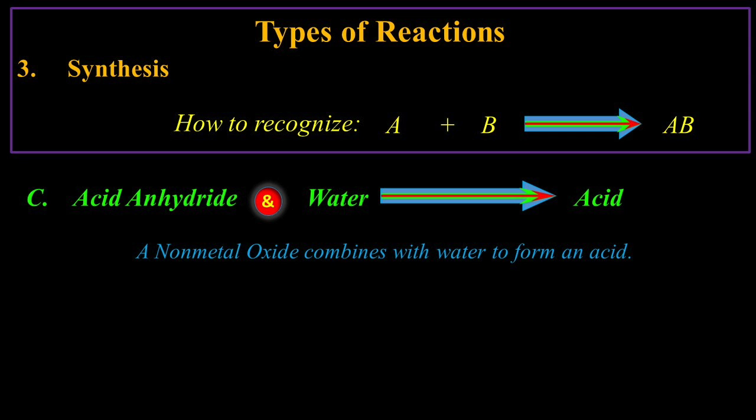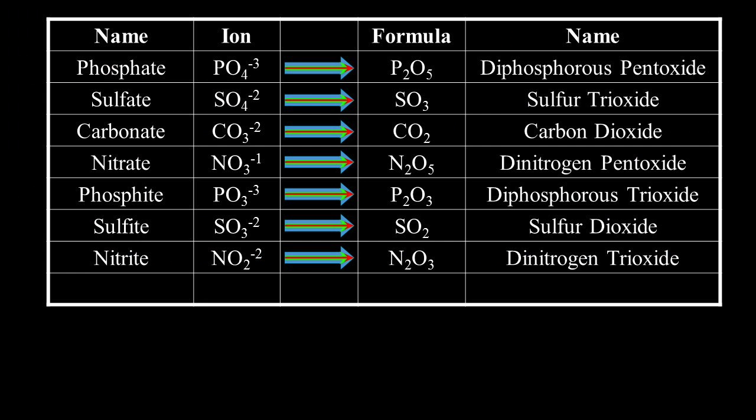Now, what acid is formed? Well, carbon dioxide becomes carbonate, or sulfur dioxide becomes sulfite, and here are the combinations. You also have the reverse of this. For instance, when we see decomposition, we'll see that sulfate breaks down to sulfur trioxide.